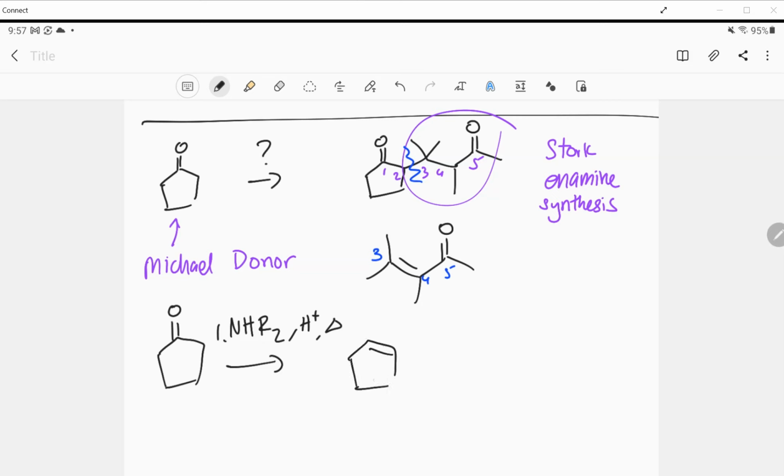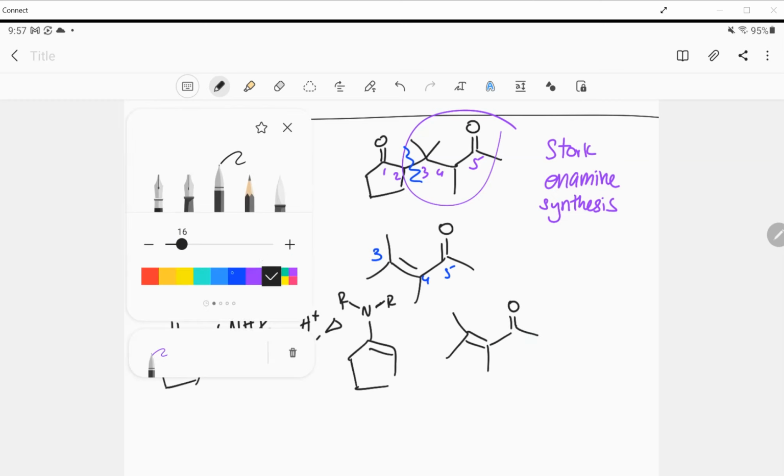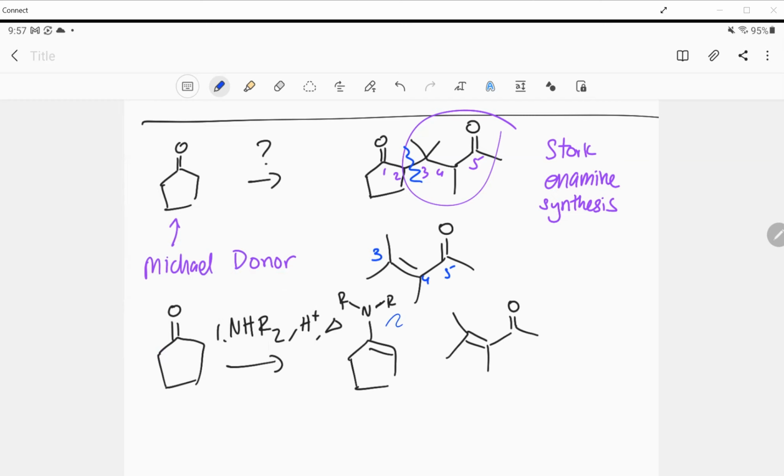And the enamine will already have our double bond there. So we actually do not need to make an enolate itself. From there, now we can put in our Michael acceptor. So we're going to have the lone pair come down. This attacks, opens this up.